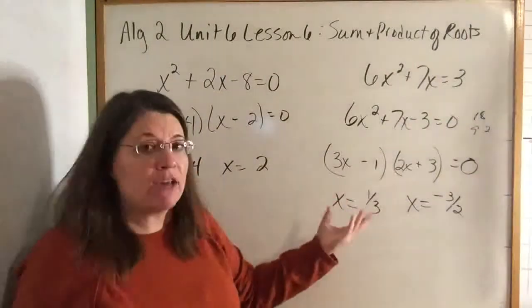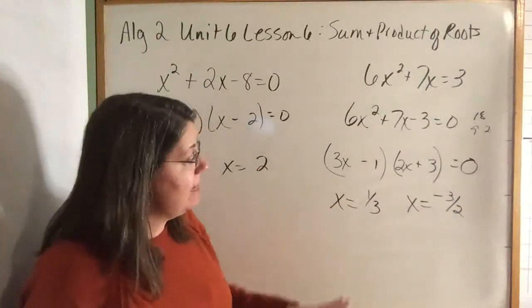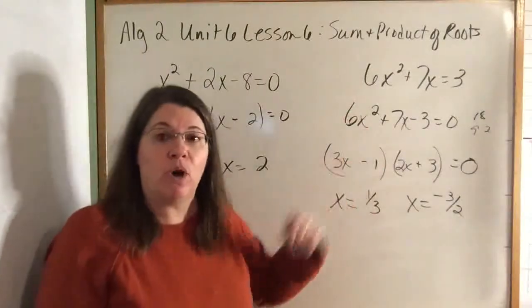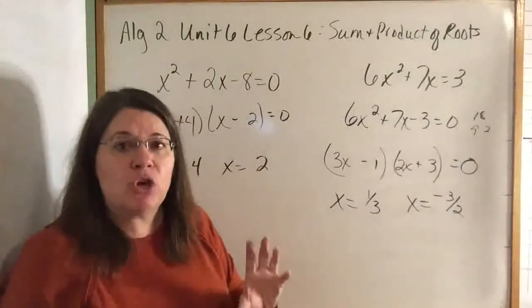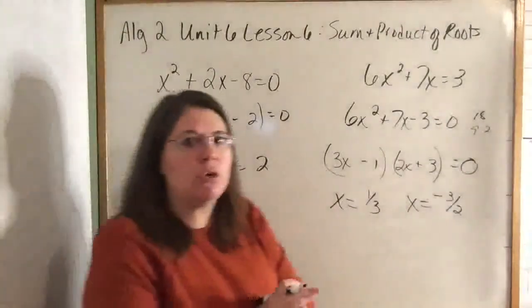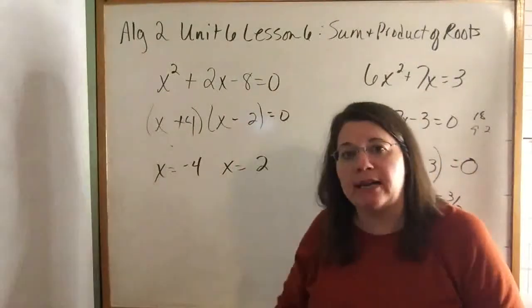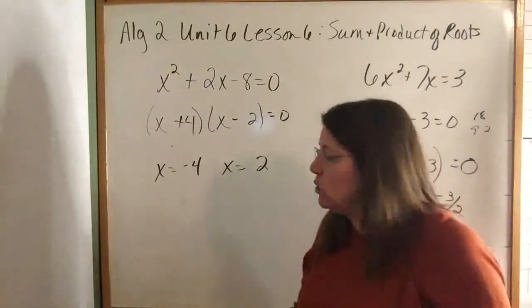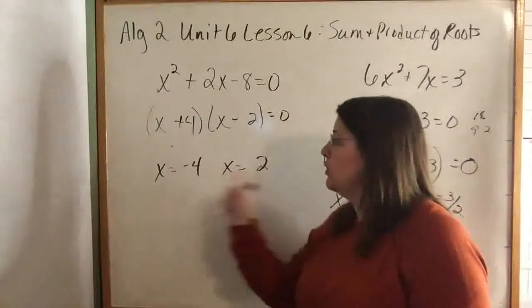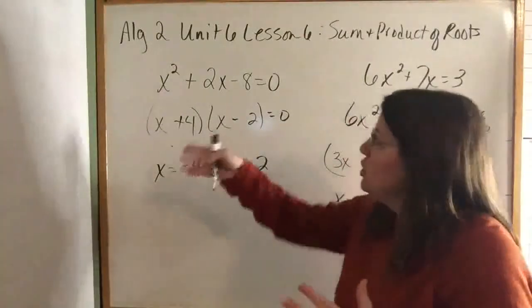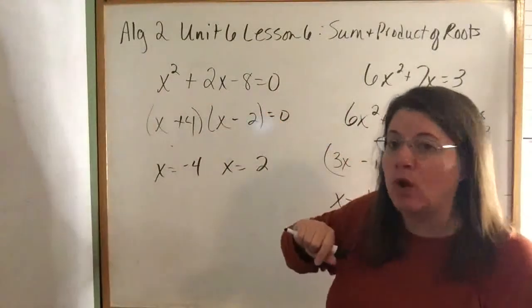They involve some fractions, so that one's not quite as easy to go backwards with to find the quadratic equation. So I'm going to show you, back in lesson 1, we learned how to factor quadratics, and then in lesson 2 we learned that if we have two roots, we can work our way backwards to generate that quadratic equation.